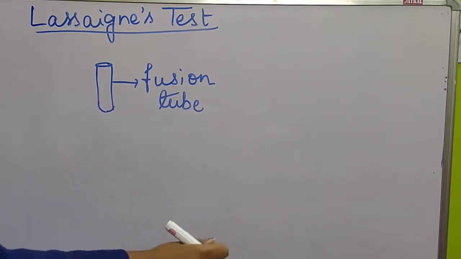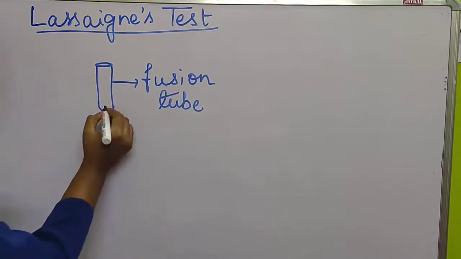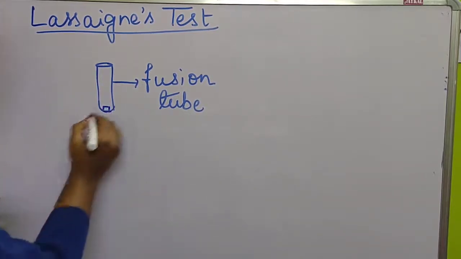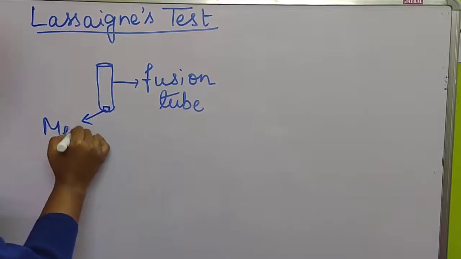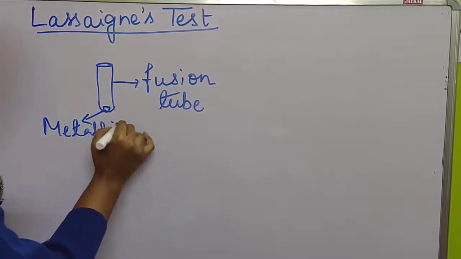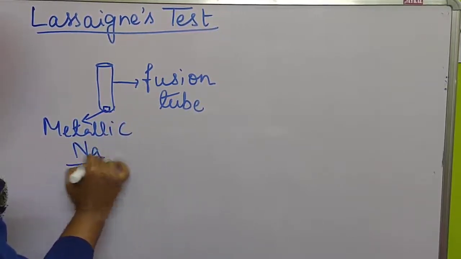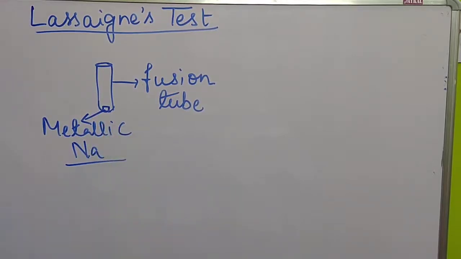So first we have to take a fusion tube, and then take metallic sodium in it. As we know, sodium cannot be kept in open air because it is highly explosive in nature. In the presence of oxygen or moisture, it can catch fire and cause an explosion.